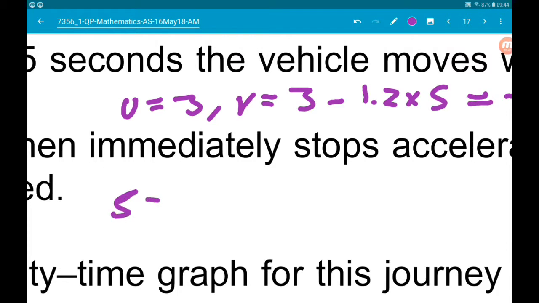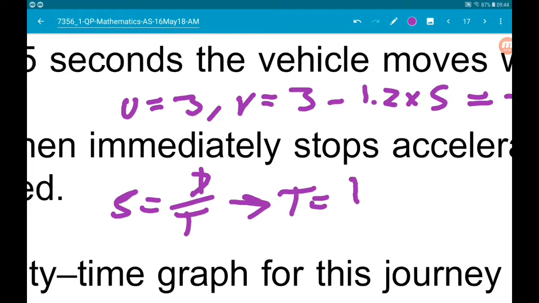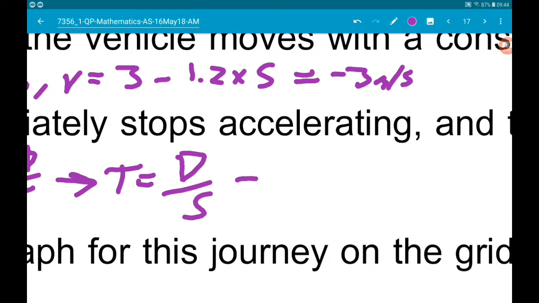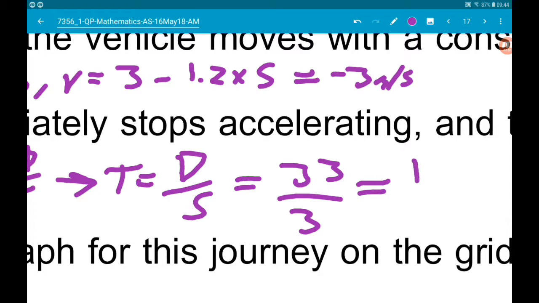Speed is distance over time. Time is distance over speed. So we have 33 over 3, which is equal to 11 seconds.